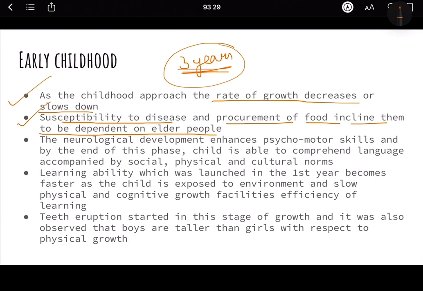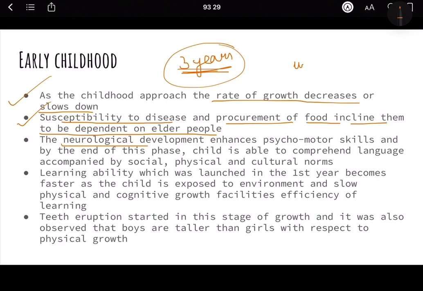At the same time, the baby is susceptible to more diseases, because it is a toddler, it starts to walk, it goes here and there, so it touches things, it puts them in the mouth, okay? Because it does not have that logical reasoning, so then they are more exposed to the external environment, the bacteria, the viruses, okay? So susceptibility to diseases are more.